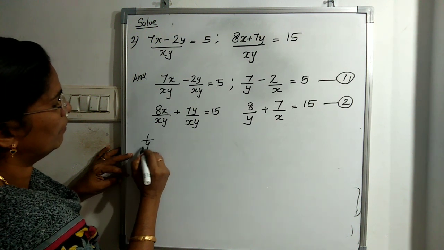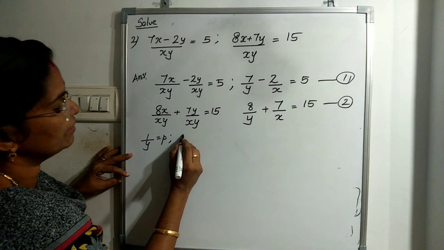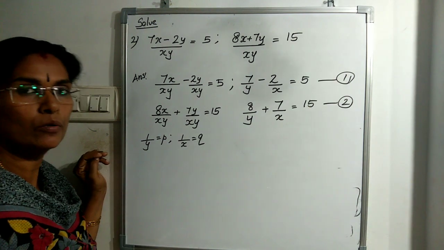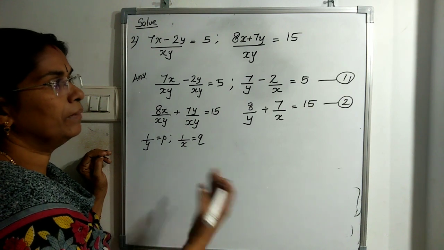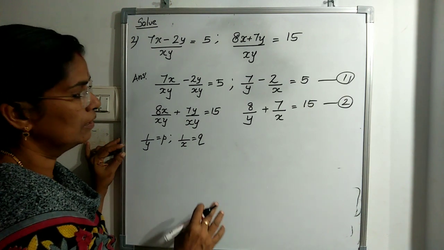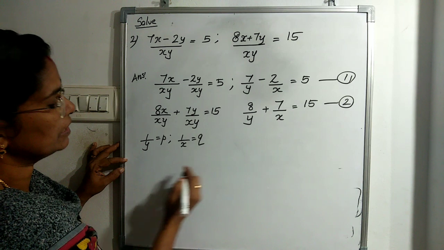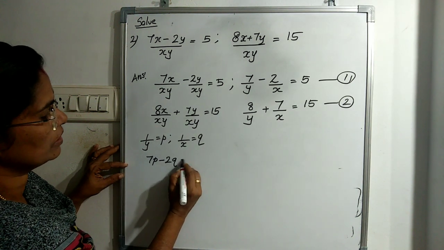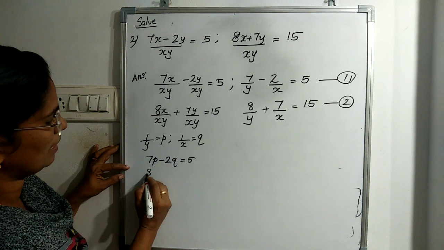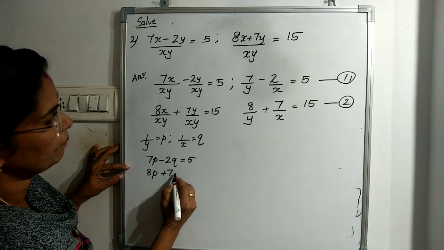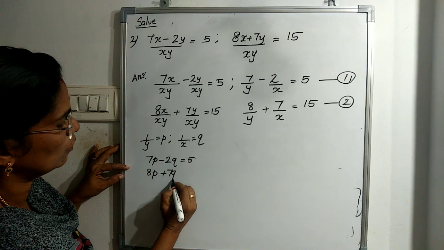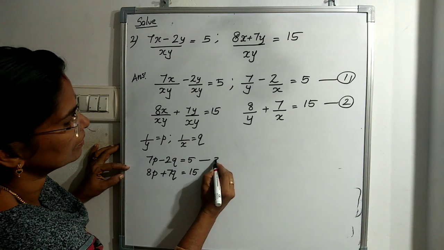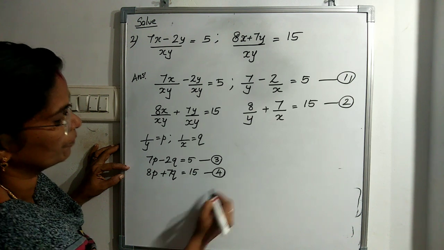We make 1 by y as p and 1 by x as q. Or you can take any other variable also, u, v or m, n. I am using p and q. So these equations become 7p minus 2q is equal to 5 and 8p plus 7q equal to 15. Equation 3 and equation 4.